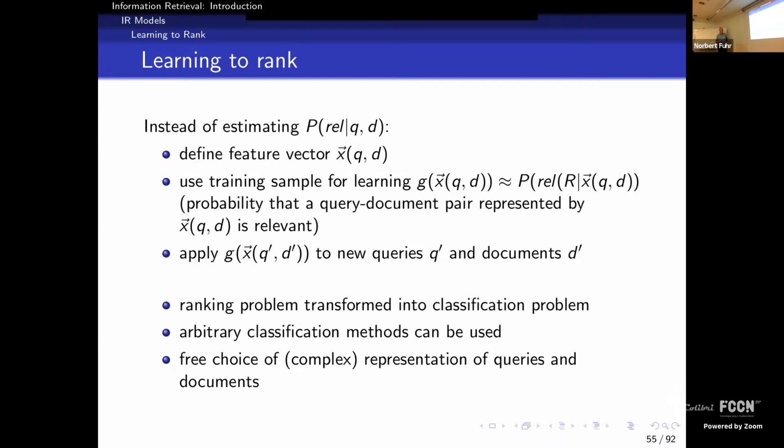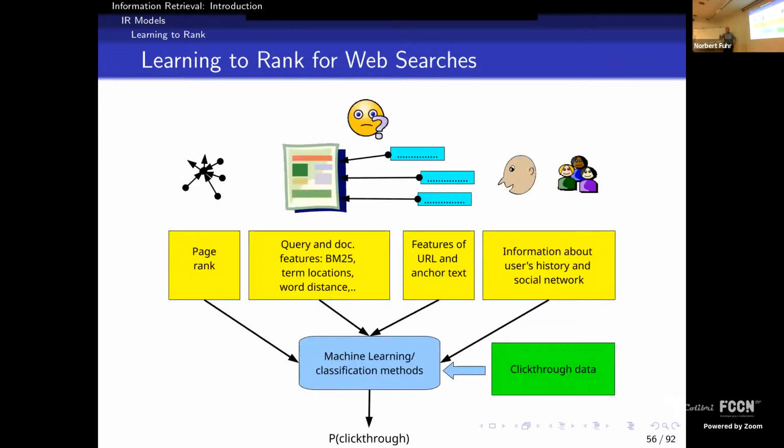So that means in that case we can use arbitrary classification methods, and the biggest win is that we have a free choice of representation of queries and documents. We are now able to deal with more complex representations, so we can go beyond simple bags of words for representing documents.